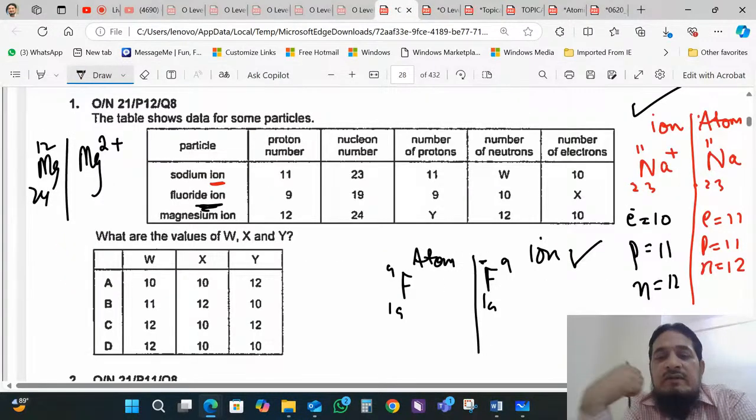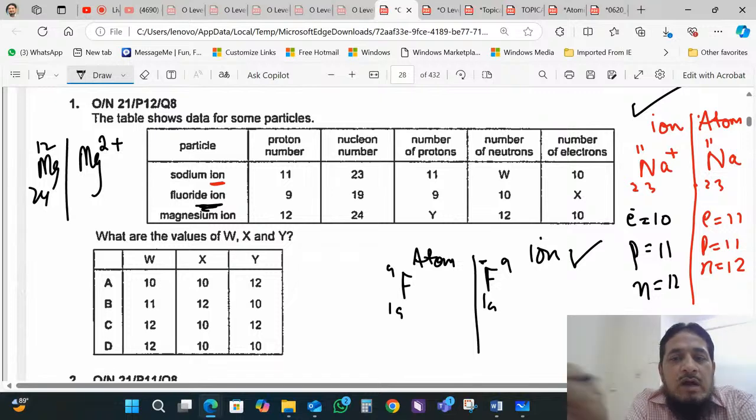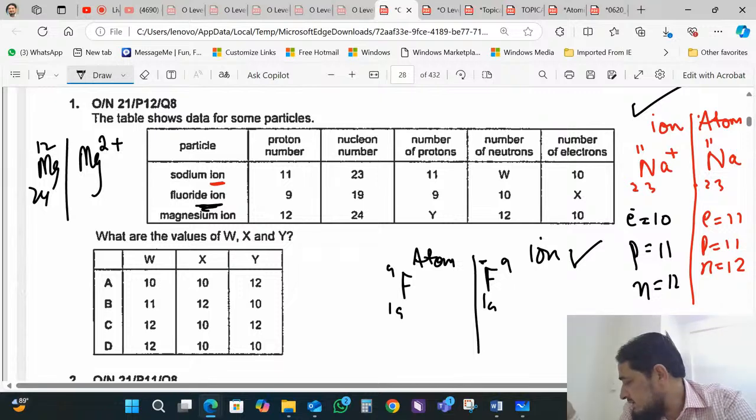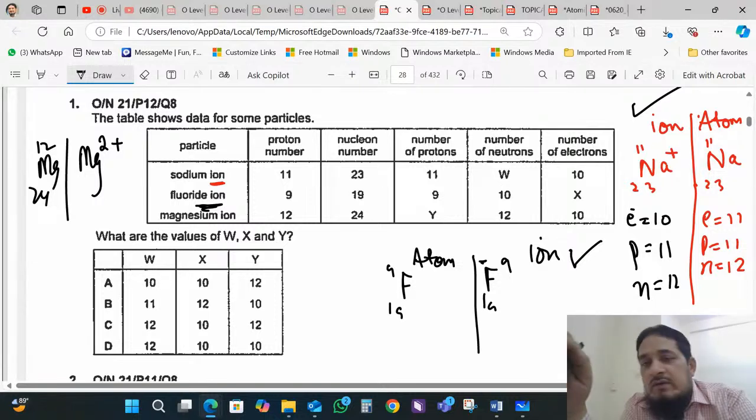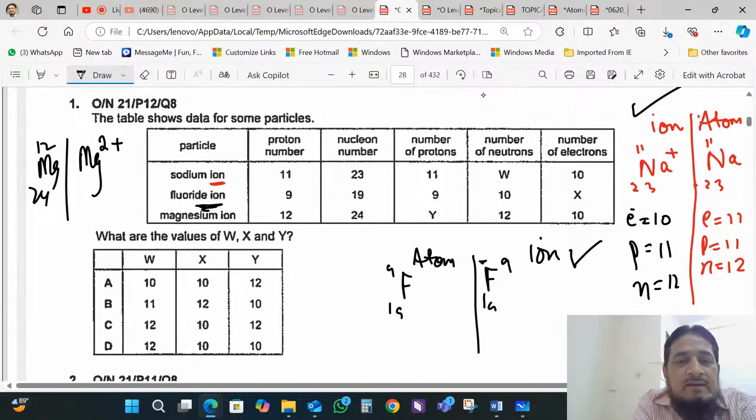This was the question. I have discussed that there is the atom and there is the ion. Atoms are neutral. They have an equal number of electrons and protons. But ions have a charge, plus one or negative one. So for the sodium ion, he is asking the proton number. The proton number is not going to change.